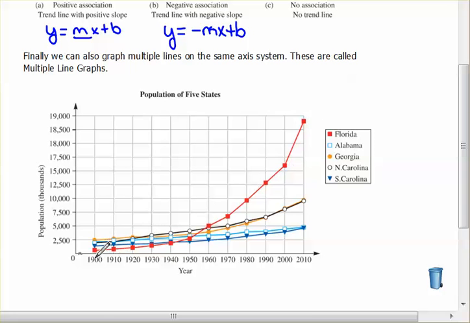And so we can see that in 1900 we had, well, not very many people in here, way, way, way less than 2,500. And then it continues to go up in population year after year after year. And again, this would be continuous data because we would have populations in between here that would continue to grow.